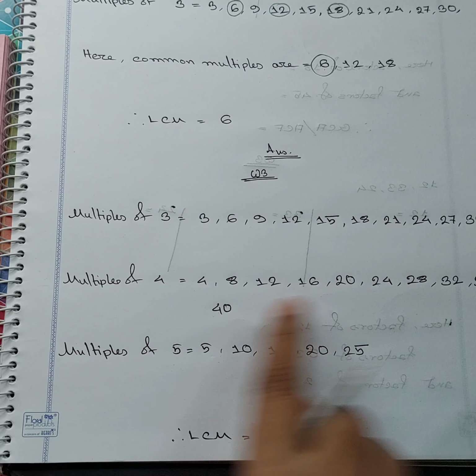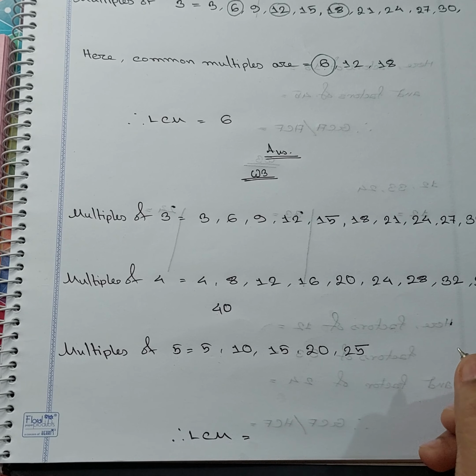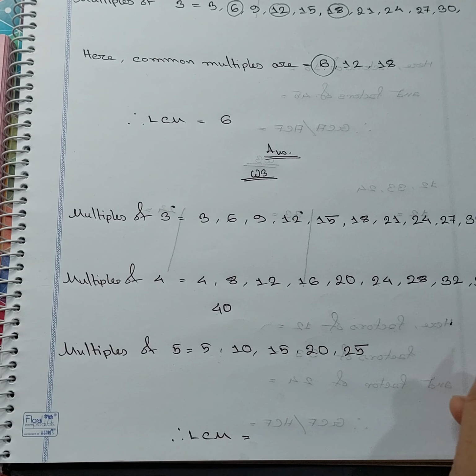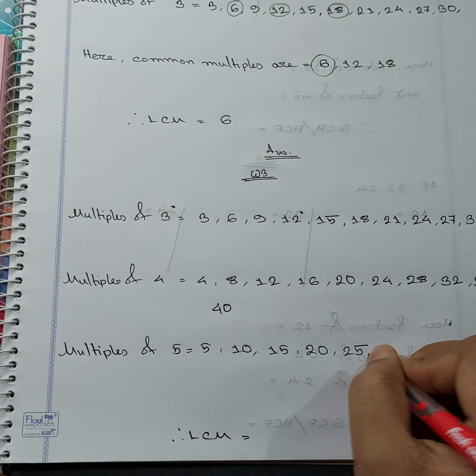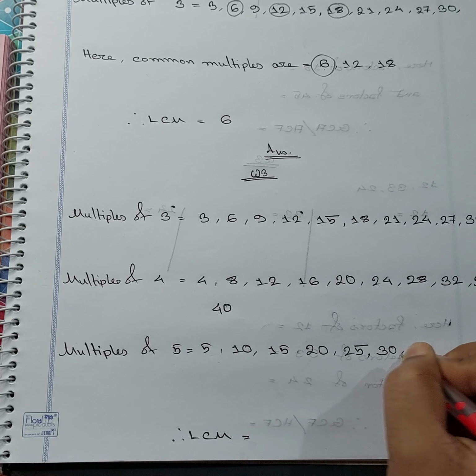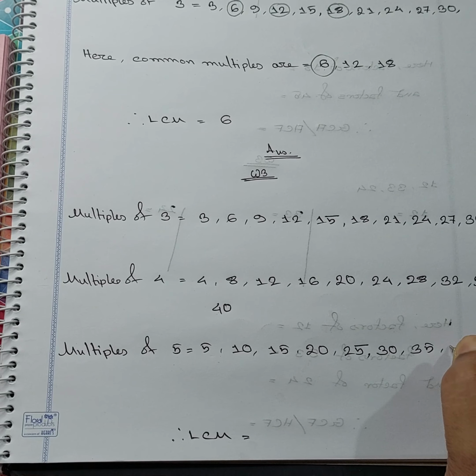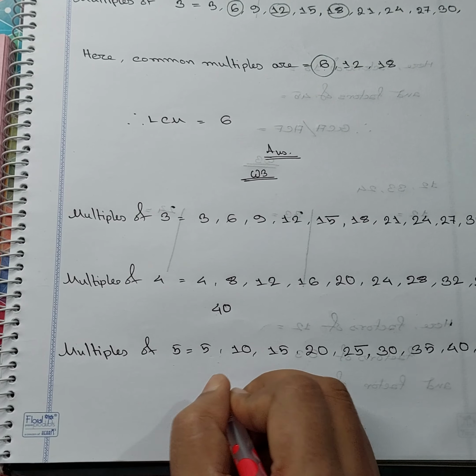We have written down 10 and 10 here. Now we don't have any common multiples, so we are going to go for 5 more over here. 30, 35, 40, 45, then 50.